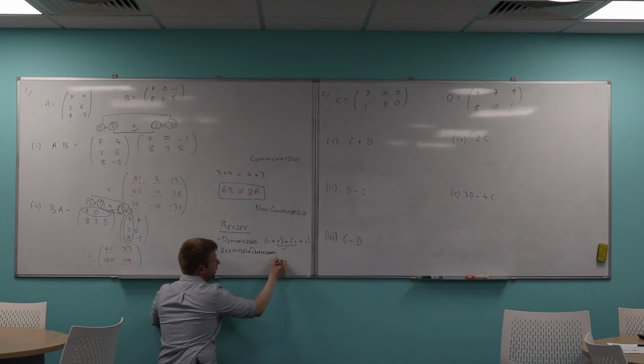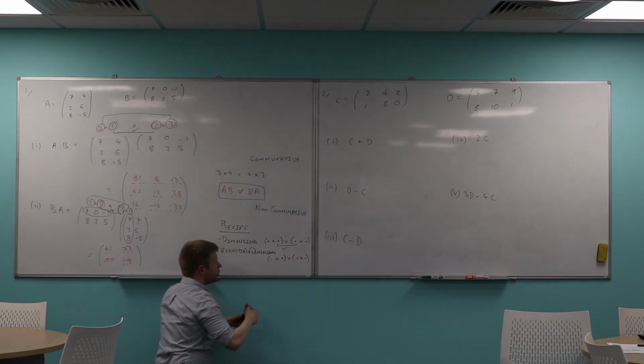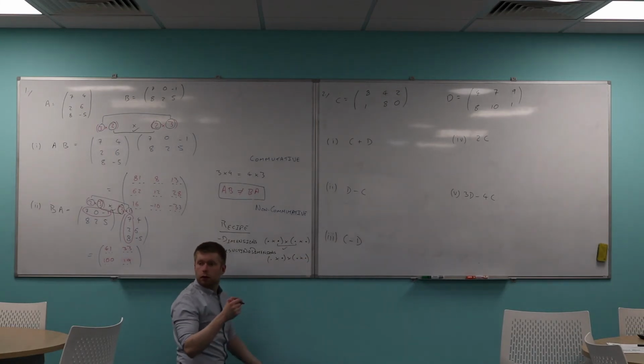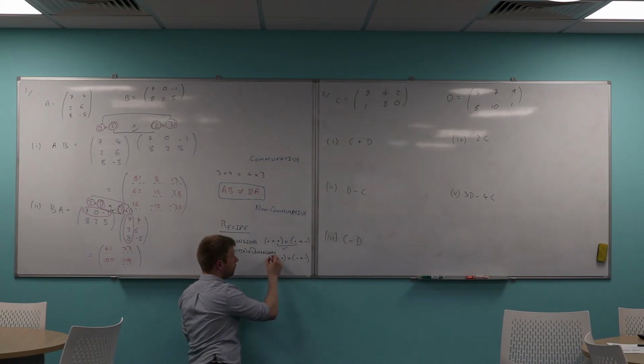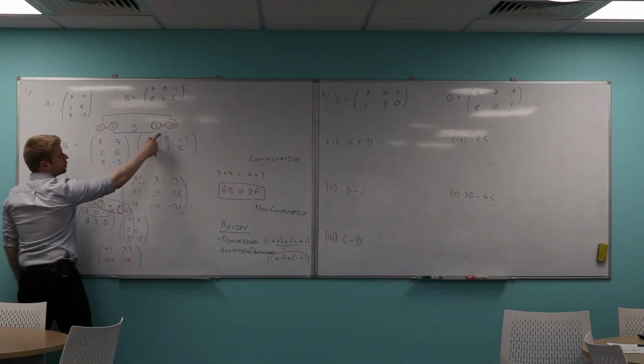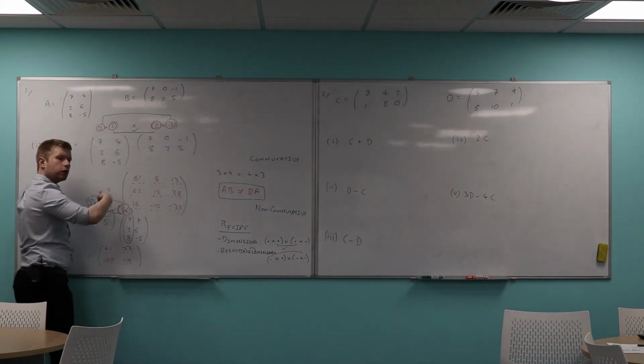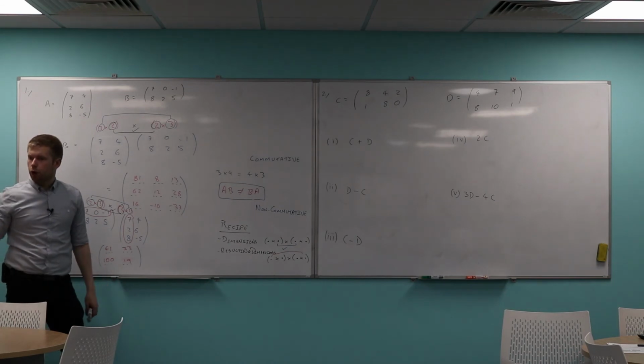Where do the resulting dimensions come from? The outer two, right? For example, up here, we looked at the outer two dimensions. We got a 3 here and a 3 here, which means that the resulting matrix was going to be a 3 by 3, 3 rows, 3 columns.